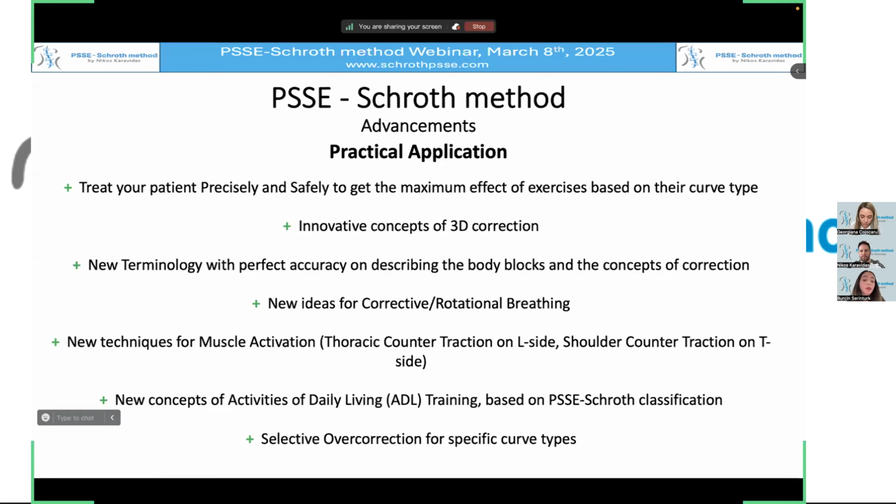Our aim is to avoid creating any compensation or triggering any new curve, and at the same time, to reach the maximum possible effect for the curve. We don't want to create any compensatory curve. We don't want to trigger any curve, but at the same time, we don't want to miss the opportunity of reaching maximum effect.